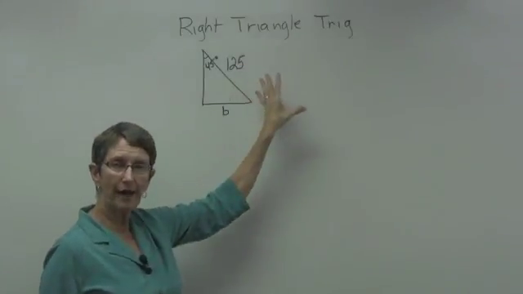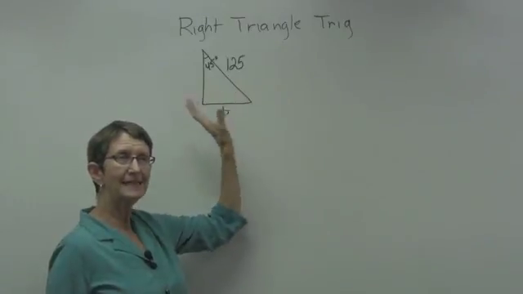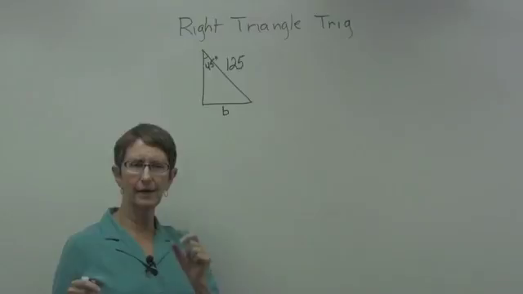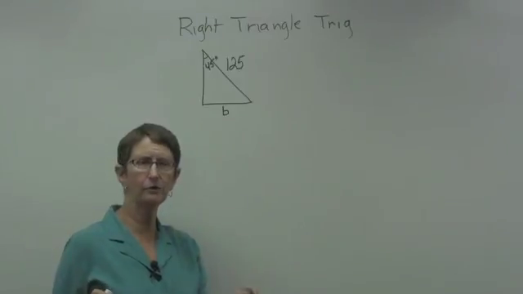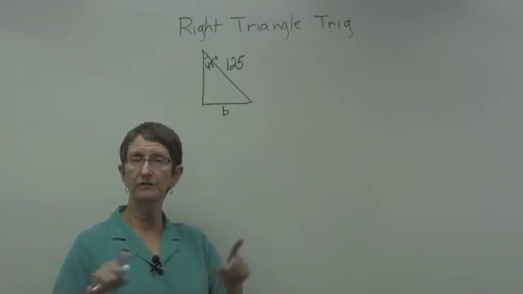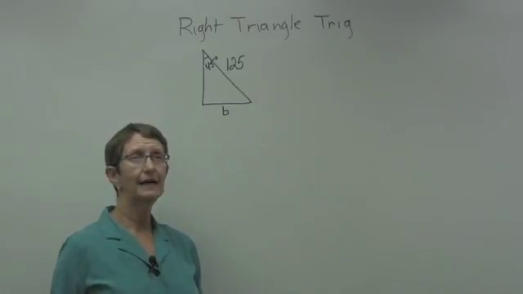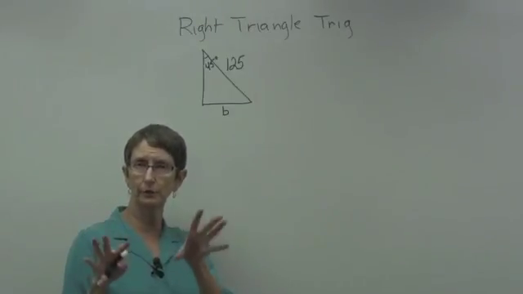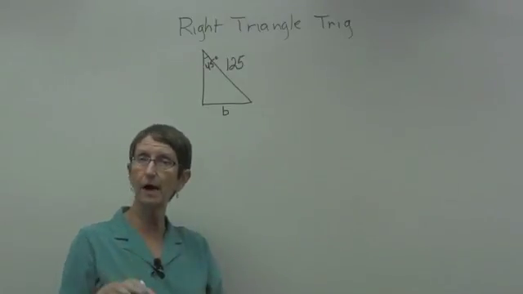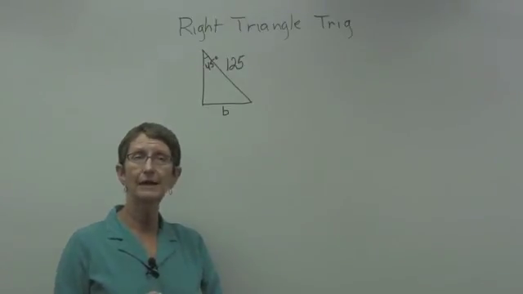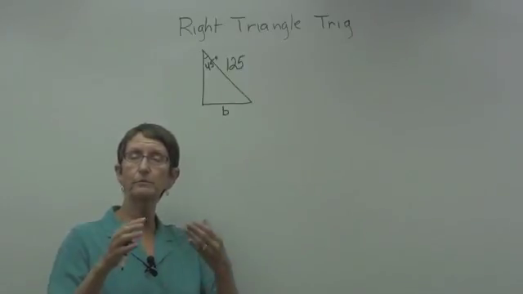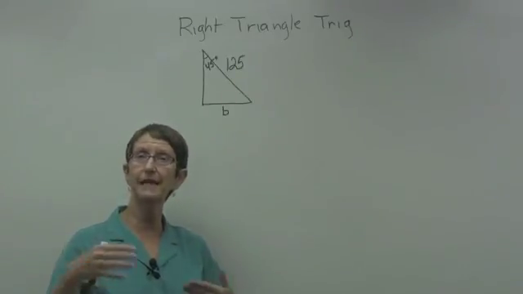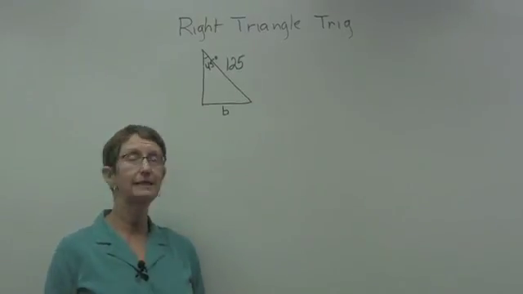We're looking at right triangle trig again, but this time we're going to look specifically at some triangles that are 30, 60, 90 degree triangles, or 45, 45, 90 triangles. In the lesson, they show you different relationships for those particular triangles between the sides and the hypotenuse, but we can also work the same types of problems using just the basic right triangle trig with the opposite and adjacent sides and the hypotenuse.